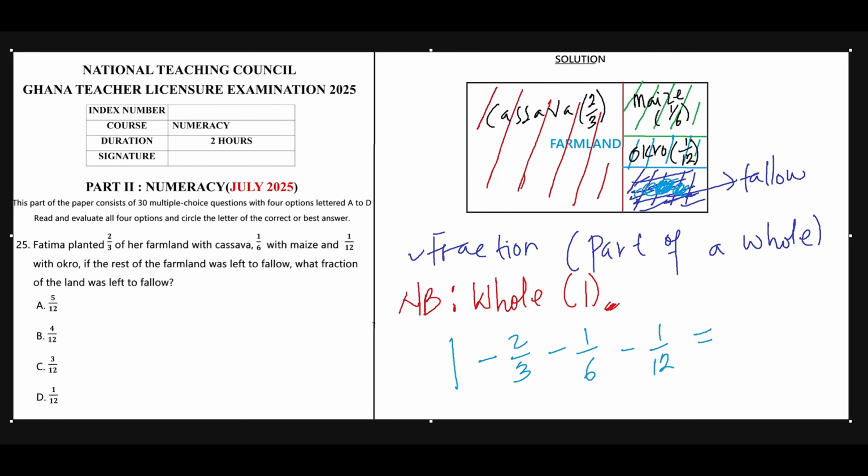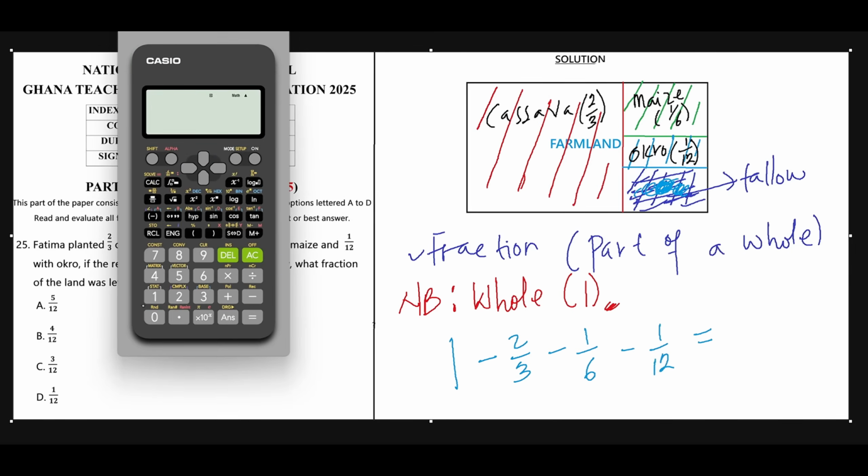So let's find out from the calculator. 1 for the whole minus 2/3 minus 1/6 minus 1/12.